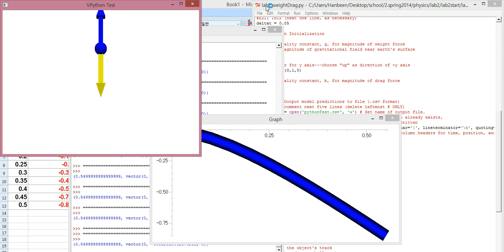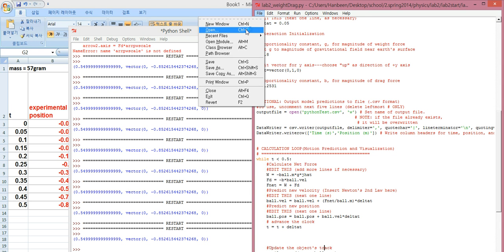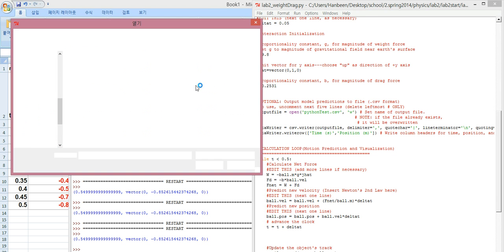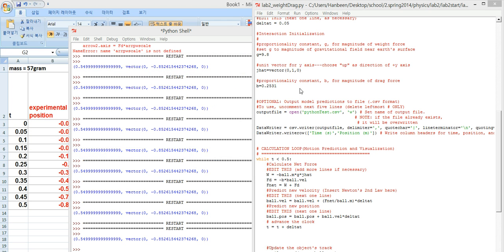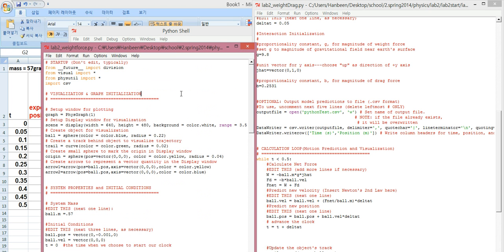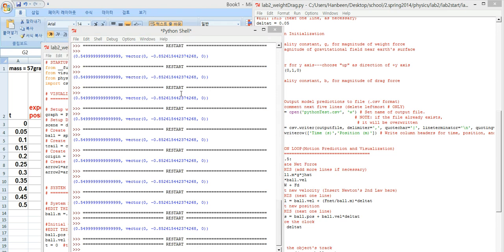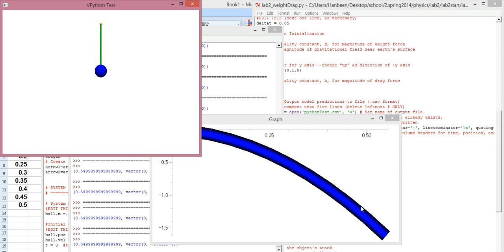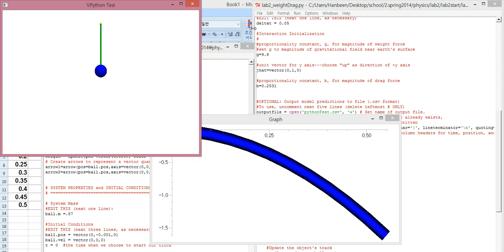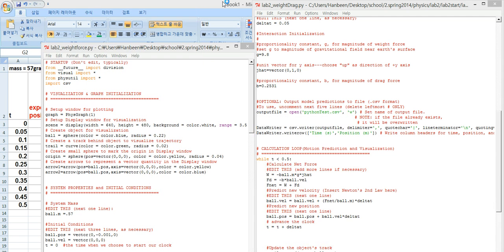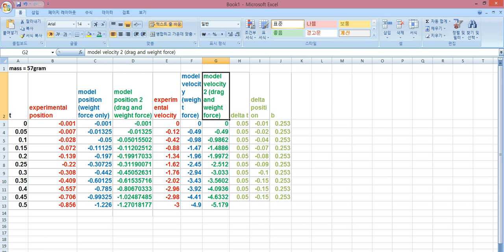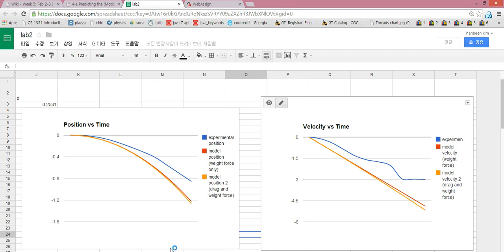So the other one is the weight force only. It looks similar, but there isn't an additional force acting upon it. So with that in mind, I formed a graph.